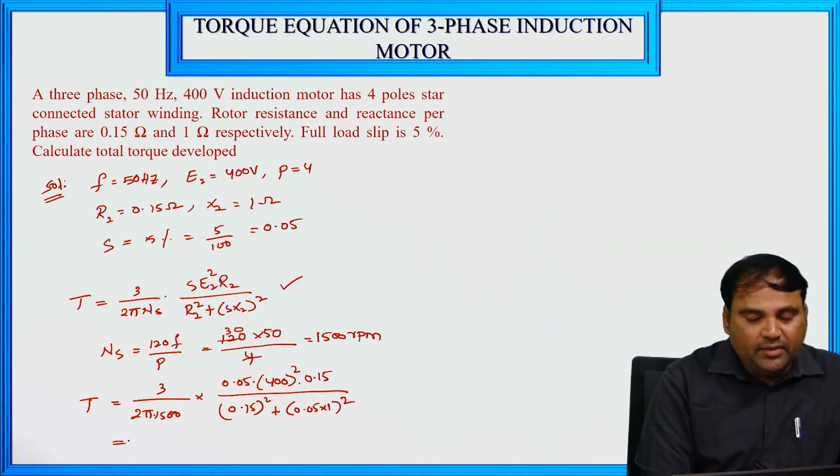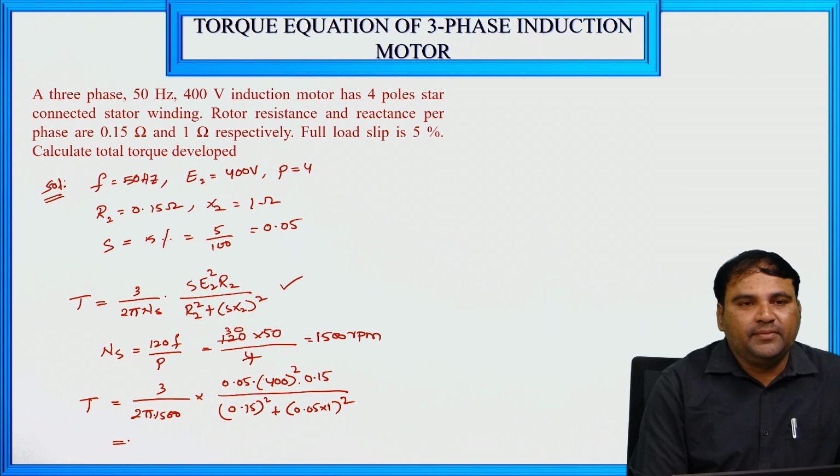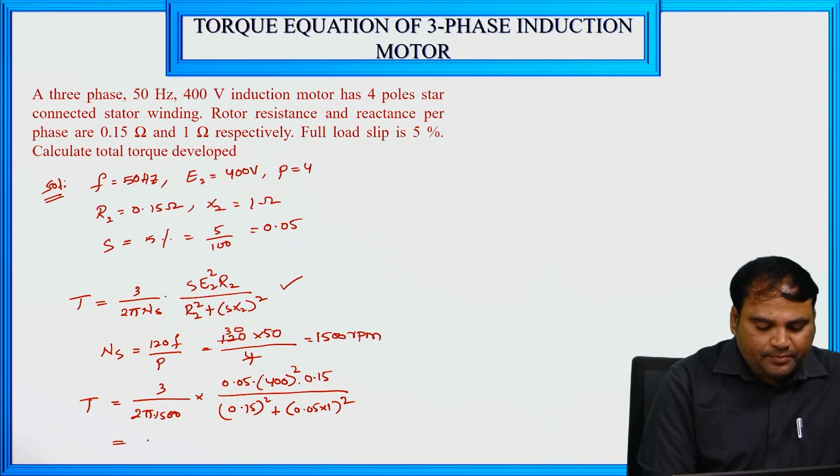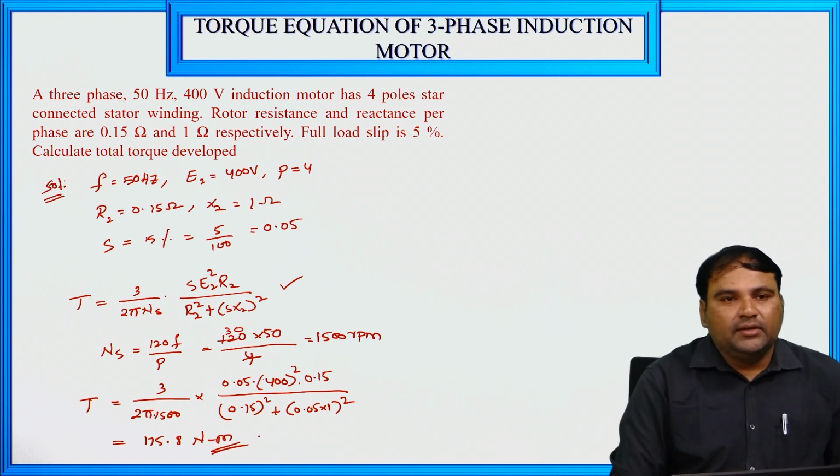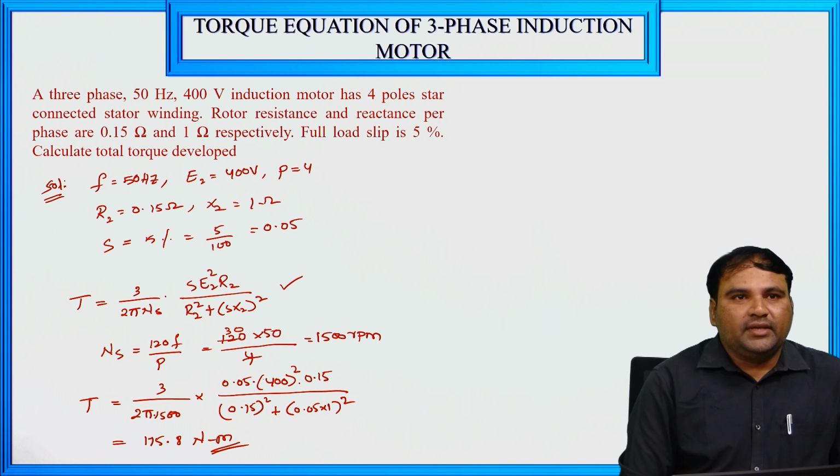By solving this entire equation we get 175.8 Newton meter as the torque of the given 3-phase induction motor when we are giving the 400 volt AC supply.